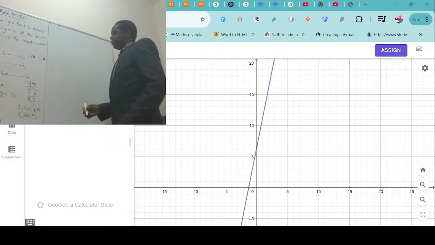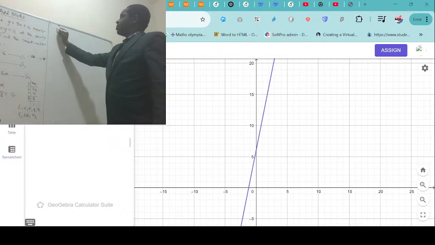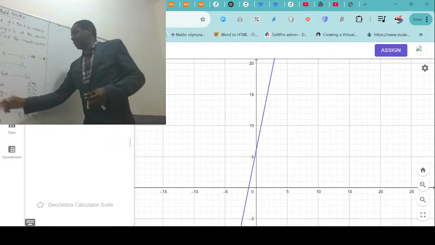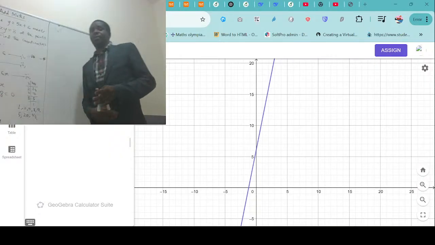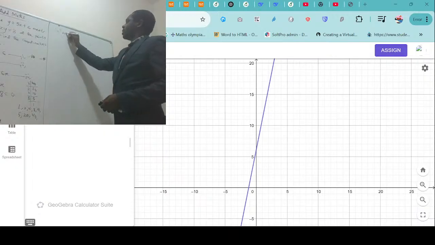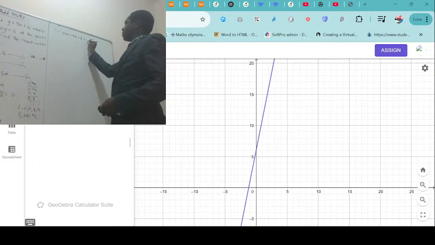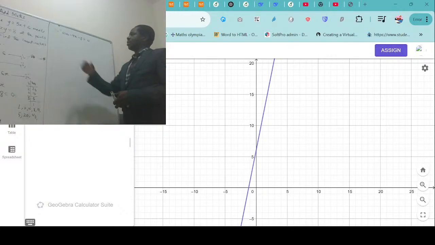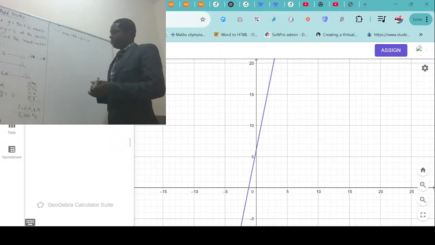So now this becomes 5x squared. So instead of writing plus 6x, we write it in terms of those two factors that we have, which is going to be plus 10x minus 4x minus 8 is equal to 0.